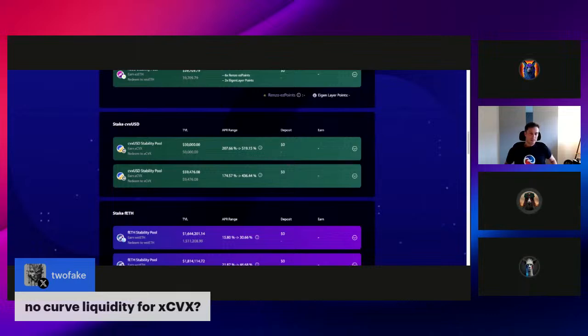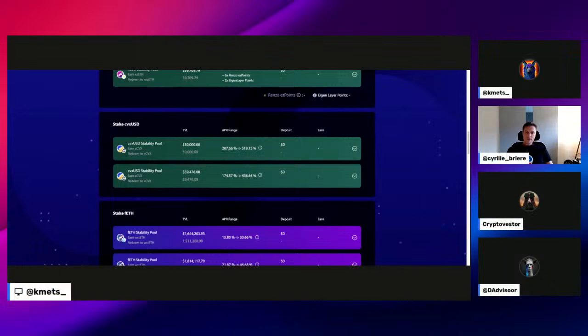Do we plan on having a CowSwap router for this? Maybe I'll try, but I'm not sure they'll see it as a priority. We'll see. It's sort of a boutique pool. It's kind of one of those where you might just have to show up at the front door and do it for now. But hey, it's so fantastic that I don't think folks are going to mind doing that. So no, I don't think so.